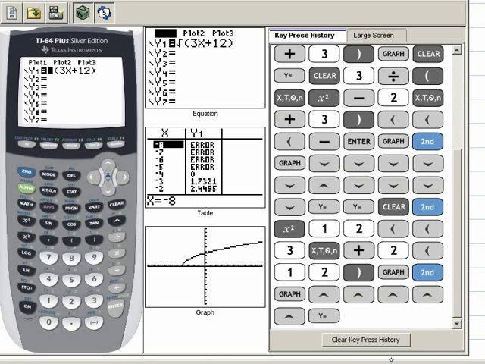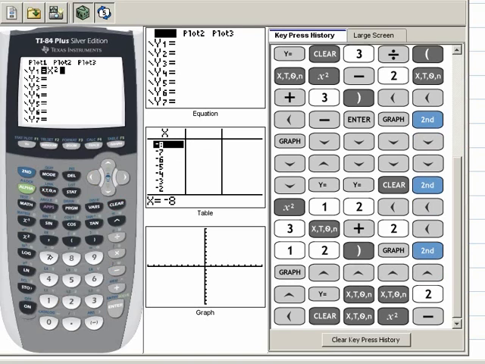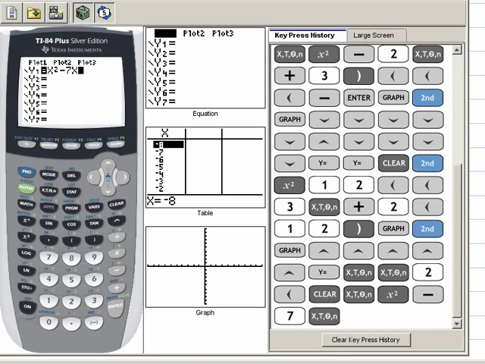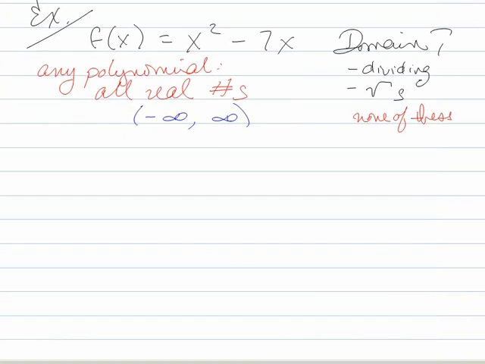So you can even go in here and graph it. X squared minus 7x. And when you graph it, you get a really big parabola that goes off in both directions to infinity. So the domain of this problem is all real numbers.